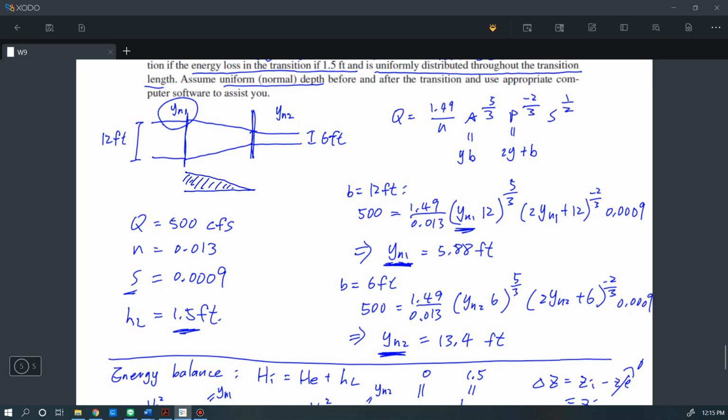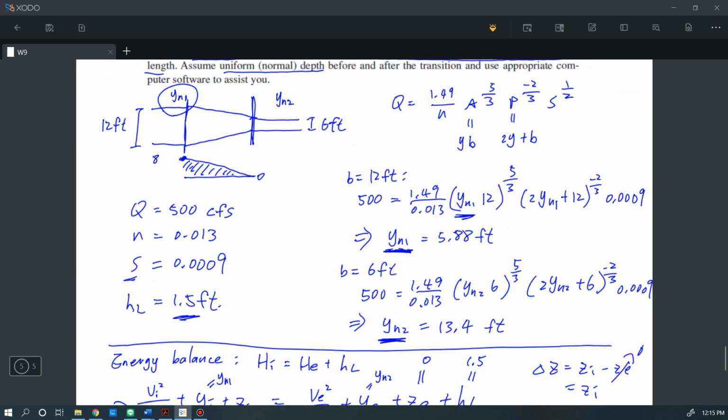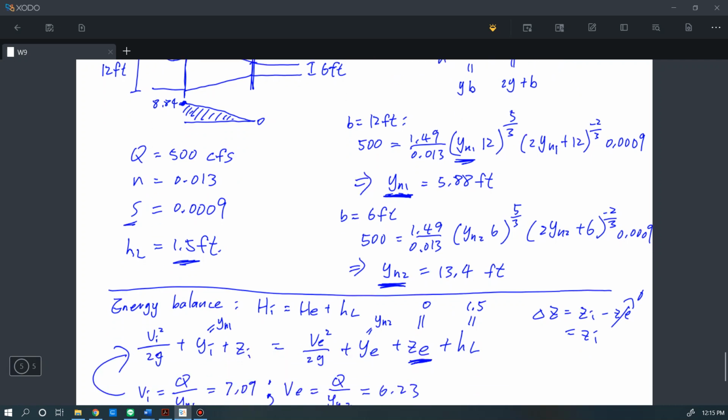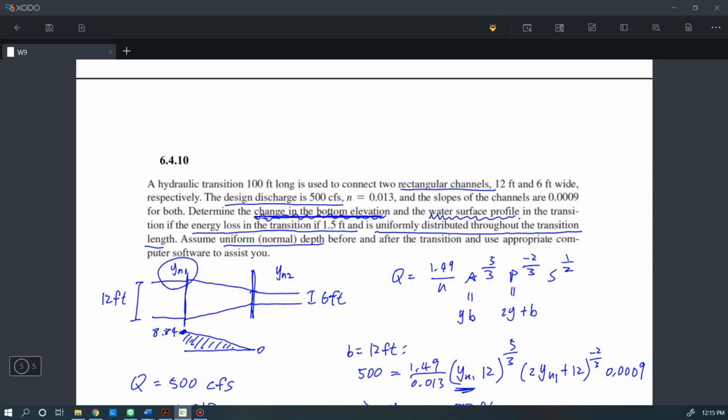Okay, so here is 0, and here is 8.84. So that answers the first sub-problem here.